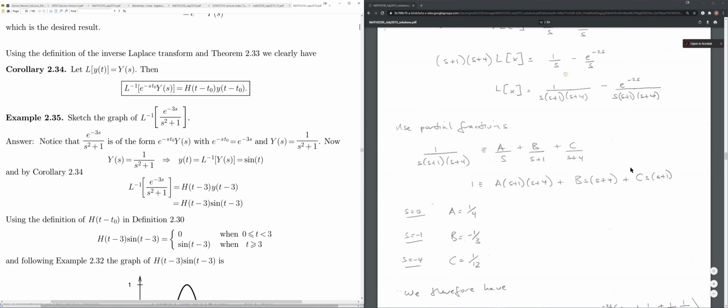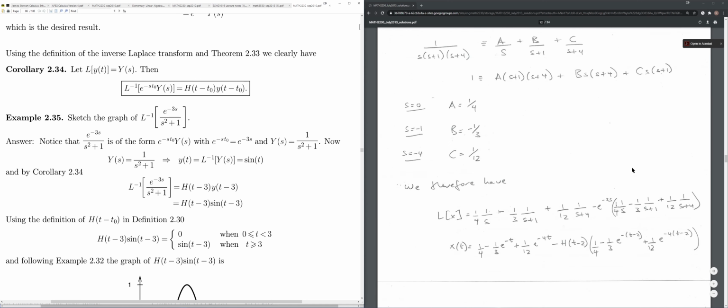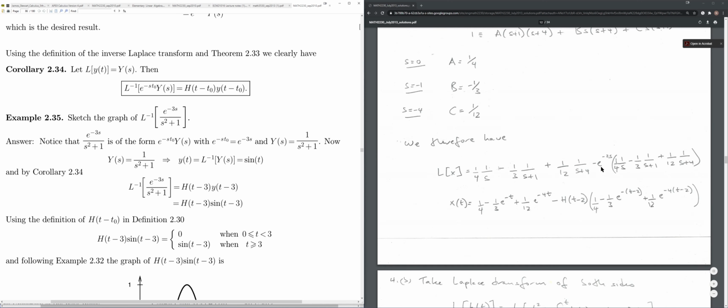So what I do is this e to the minus 2s times 1 on s plus 1 times s plus 4, I wrote it in terms of partial fractions. And now what I need to do is get the Laplace inverse of this e to the minus 2s times this.